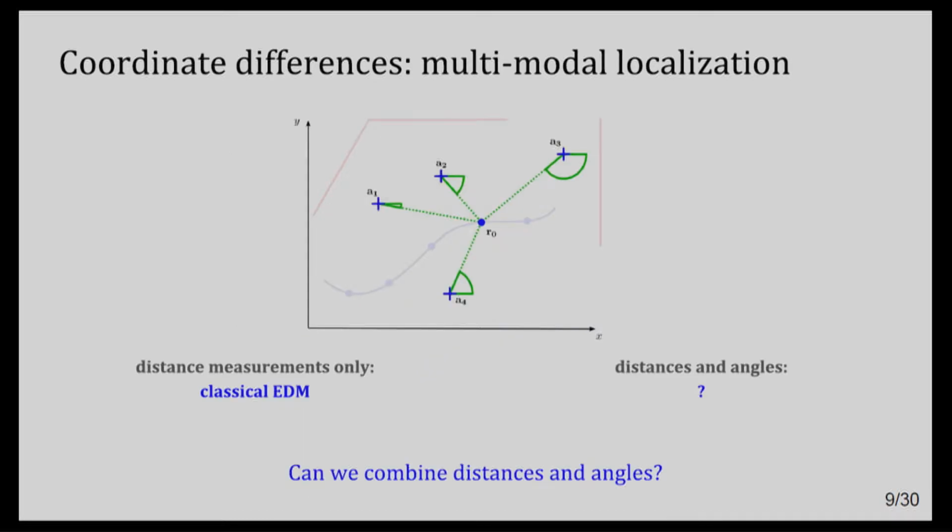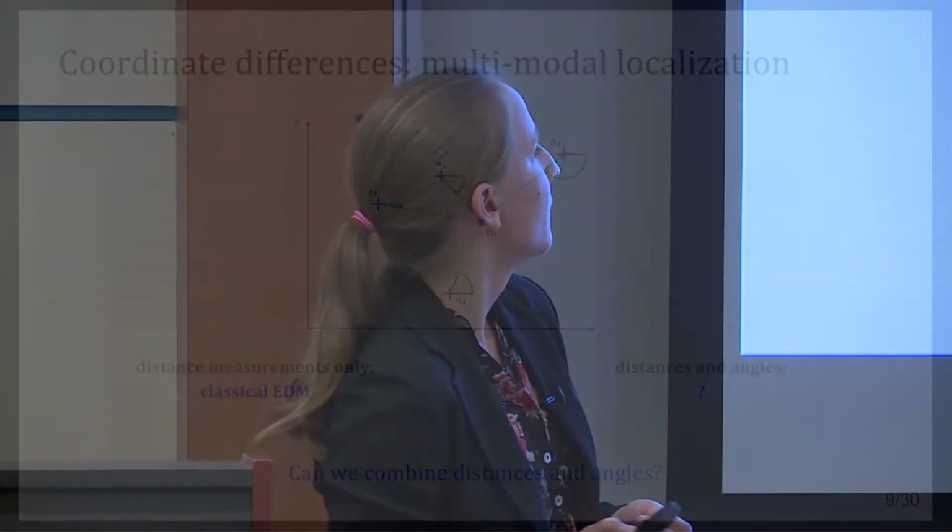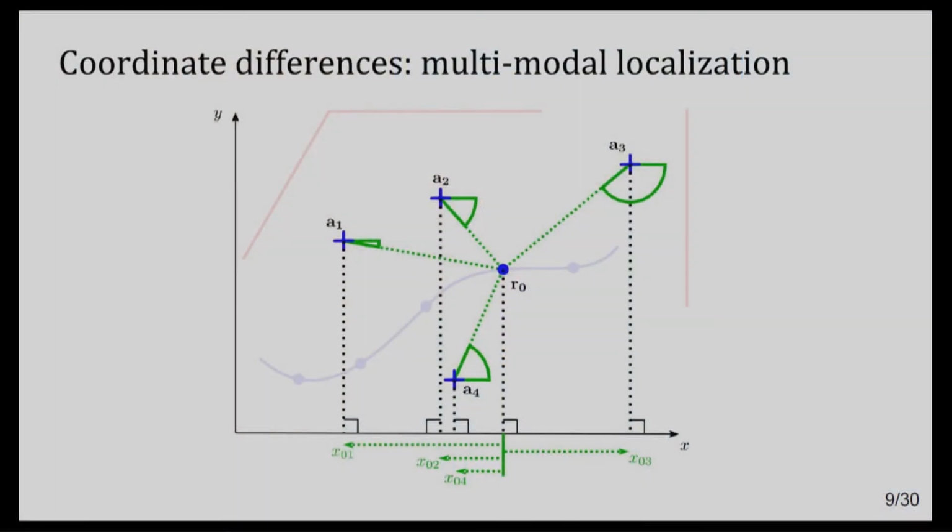And the same problem actually arises in a maybe more common framework, where we have distances and angles. I think it has also been mentioned in previous talks that this can also be written as a coordinate difference problem, because if we have the distance and an angle, then we have this vector, or edge vector, or however you want to call it.